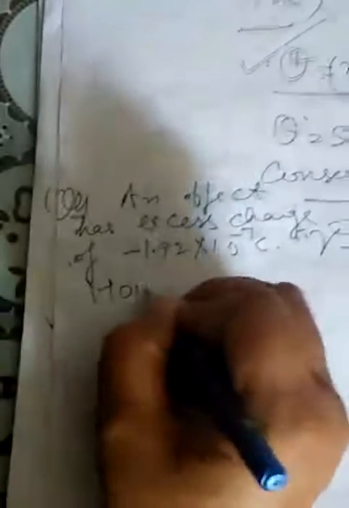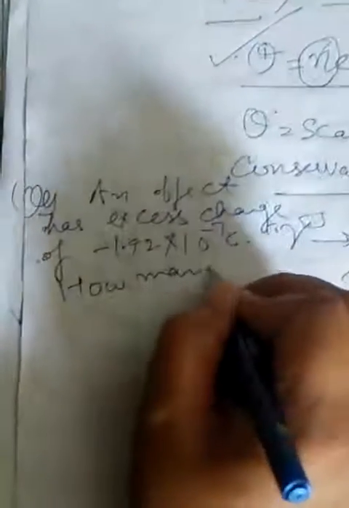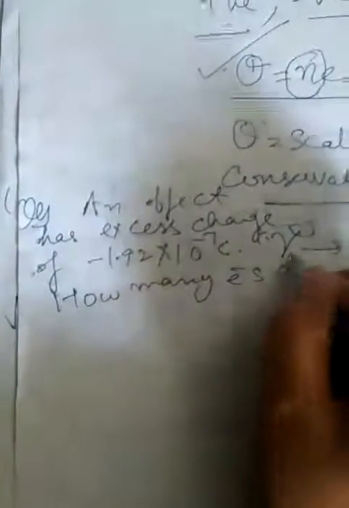So this is the excess charge which is there. How many electrons does it have?